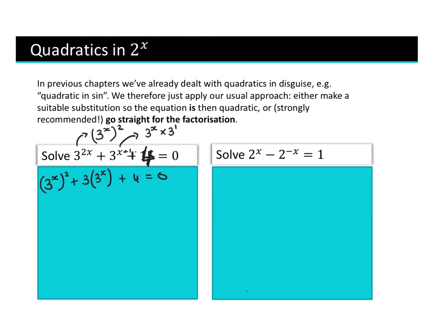Now, I can either use substitution and put y's in here instead, so you can see it easier, or you can go straight to, you know this is a quadratic. We have an unknown number squared plus 3 lots of that unknown number plus a constant, okay? You know this is a quadratic, and we know how to factorise quadratics. 2 numbers that multiply to give me 4, but add to give me 3.